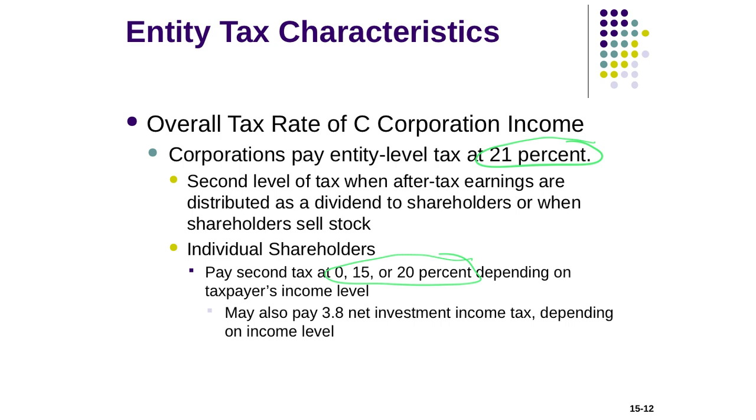So there is that second level of tax that the shareholders potentially have to pay. And then on top of that, depending on your income level, there's also potentially a 3.8% net investment income tax that will have to be paid.